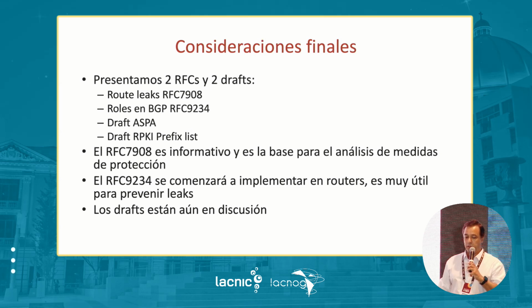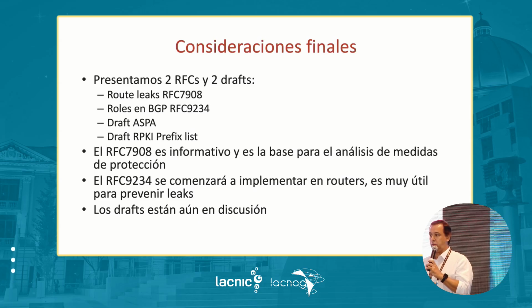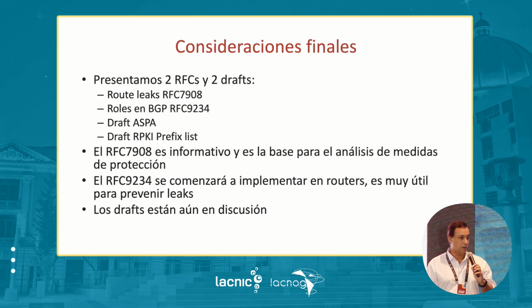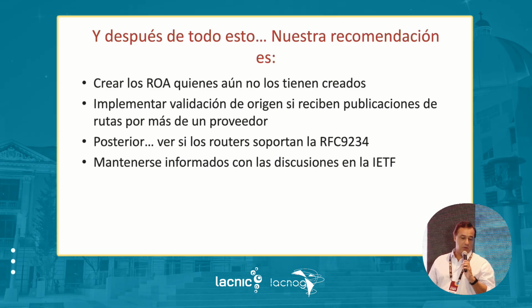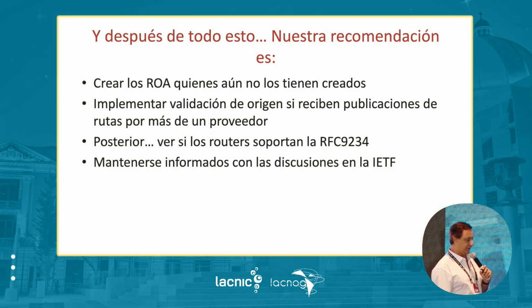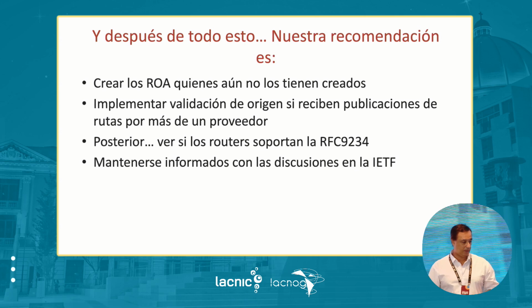ASPA and RPKI prefix lists are still drafts under discussion and are more novel. Unfortunately, we don't have much time left. Is there a question? Okay, we'll have one more question. And our recommendation is to create the ROAs that have not yet been created. And well, let's open the floor for questions.